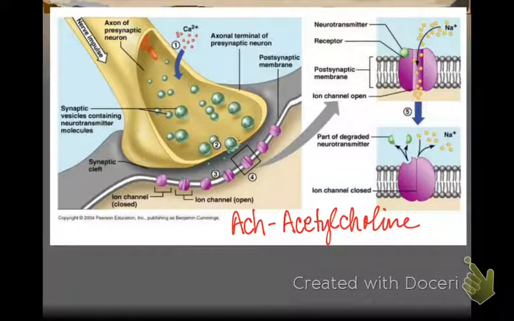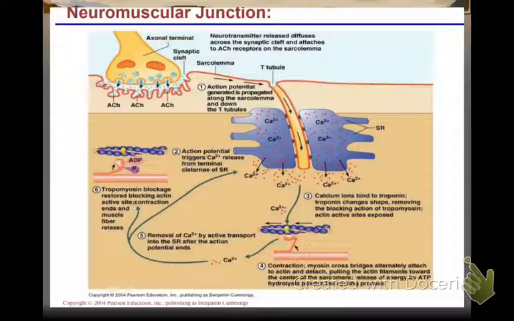So acetylcholine, when it's released, it causes sodium and calcium to move across the membrane. You see here, calcium is taken into the nerve, okay? And that wave of electrical potential travels down across from the neuromuscular junction, from the motor unit down the T-tubule.